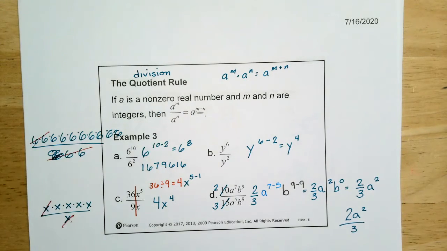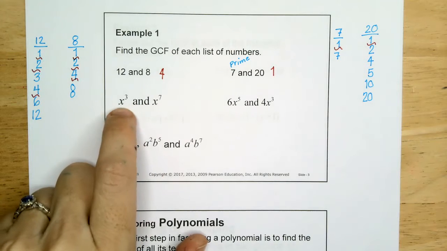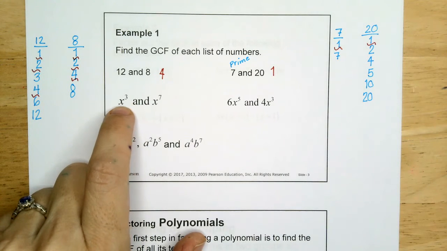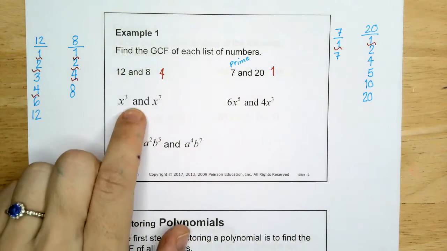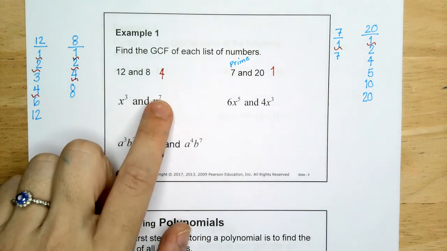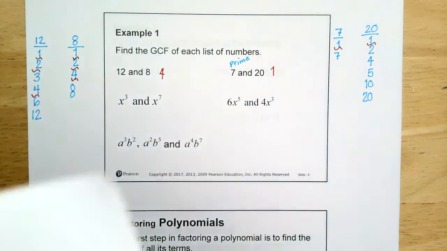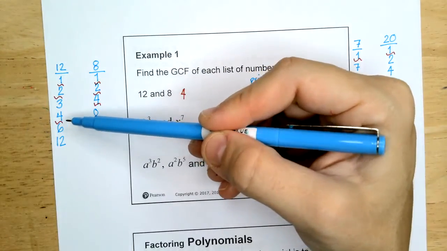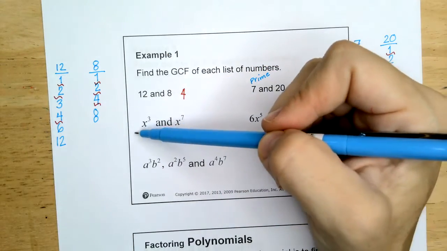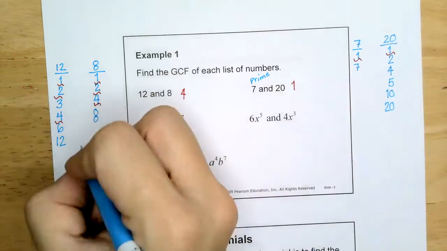Okay, so I want you to think about the exponent number right here as something that you are multiplying together, right? We multiplied 3 x's to get x to the 3rd. We multiplied 7 x's to get x to the 7th, right? And just like over here, 2 times 6 makes 12. Here, x times x times x makes x to the 3rd, okay?